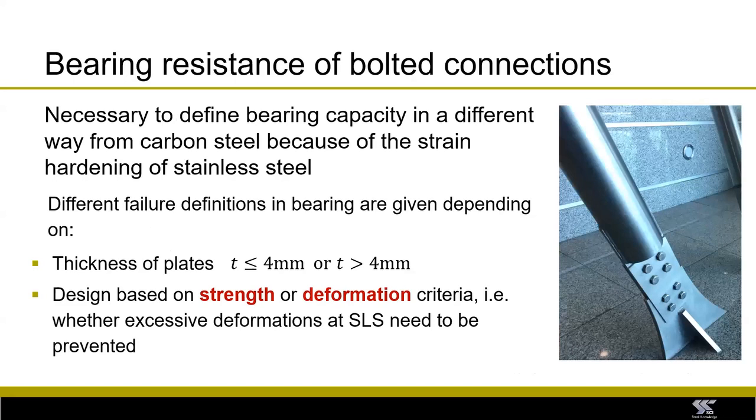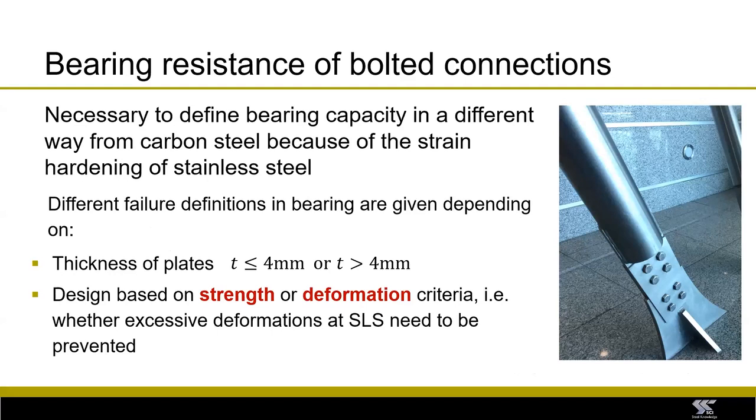I mentioned there was one difference in the design rules, and that is for the bearing resistance of the bolted connections. Again, because of the load deformation characteristics, for carbon steel the load deformation curve flattens off, but for stainless steel it continues to rise. So you need greater clarity in defining the bearing capacity.